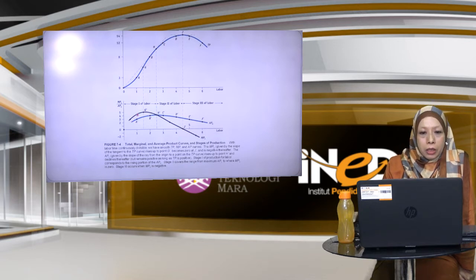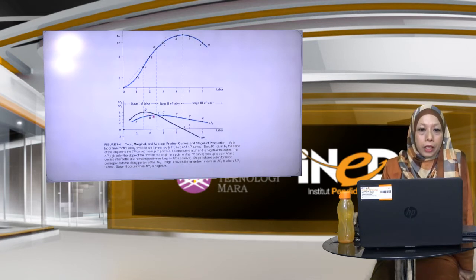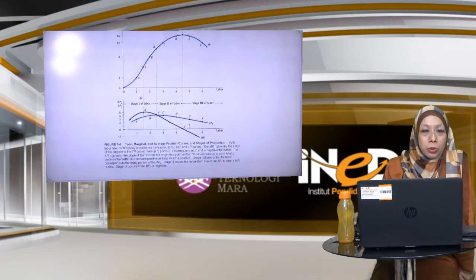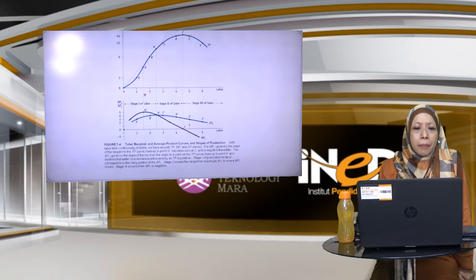In terms of marginal product, you can see that marginal product also increases. But after point G, marginal product starts to fall, meaning that in stage 1, diminishing return has already begun. So the question is, should we stop hiring labor in stage 1? Because the law of diminishing marginal return has already begun.